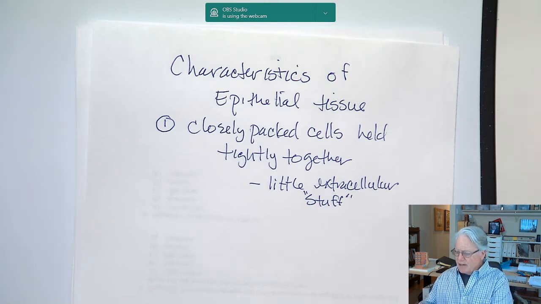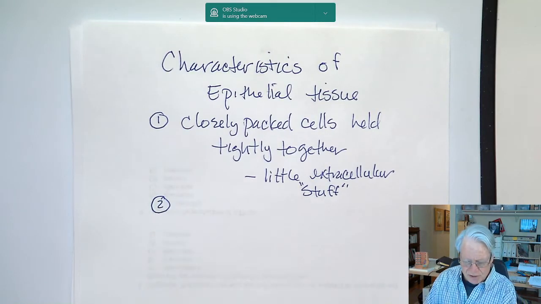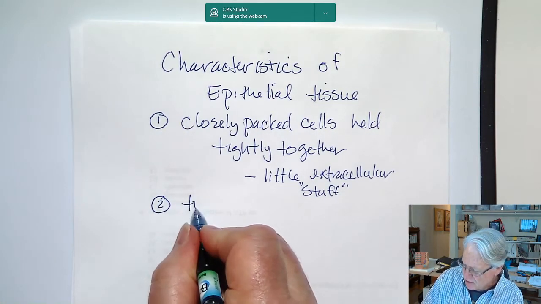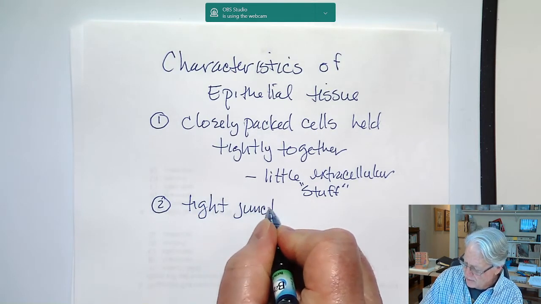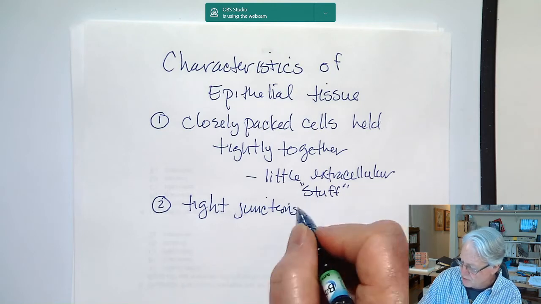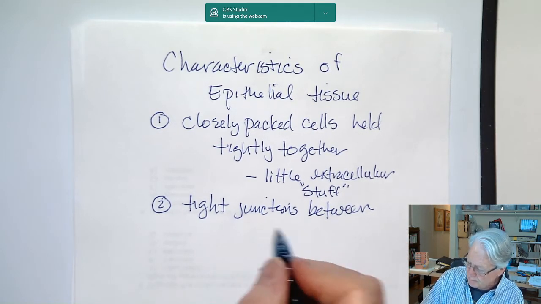They're held tightly together because cell-to-cell connections are done through tight junctions. So we're going to see tight junctions between cells. This is a way we're going to weld one cell to another.